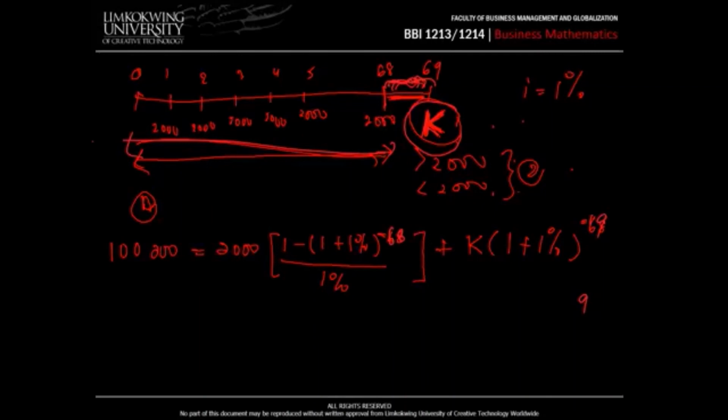Okay, then we press the calculator. Here we got 100,000 divided by 2,000. Then multiply with 1 divided by 100. Then minus 1 equal to 1 plus 1% to the index of negative 68.